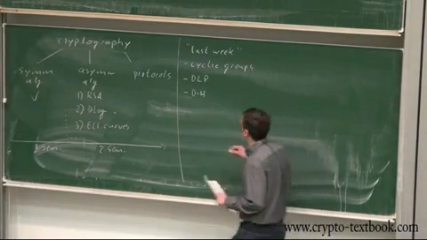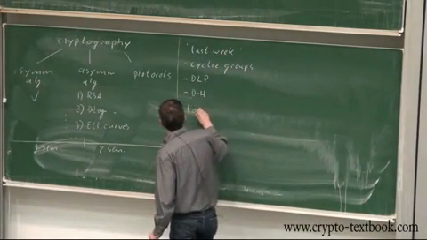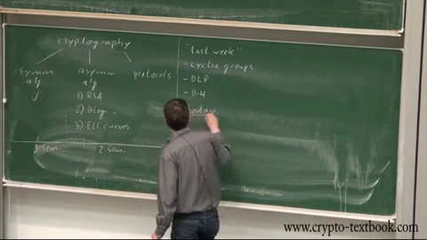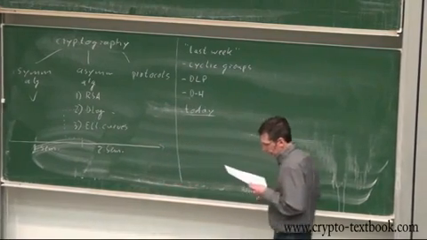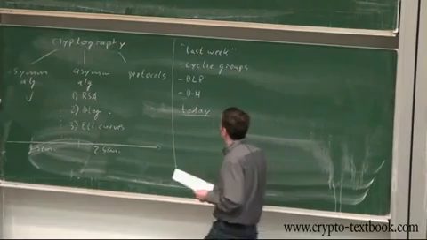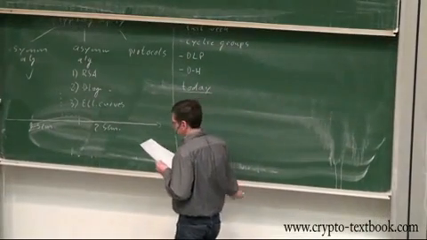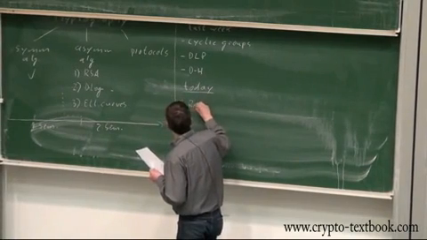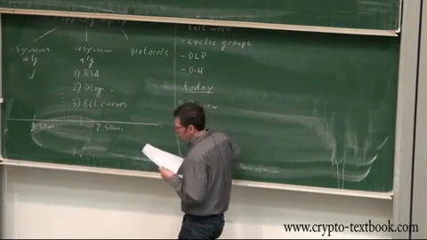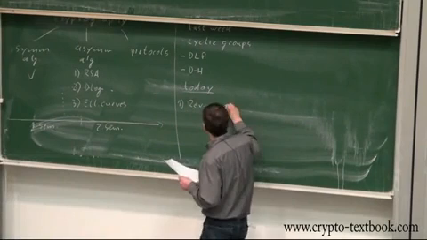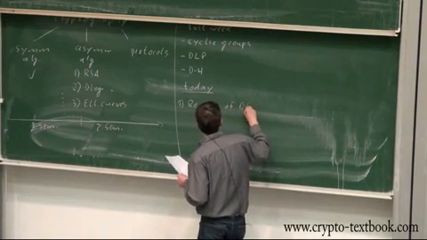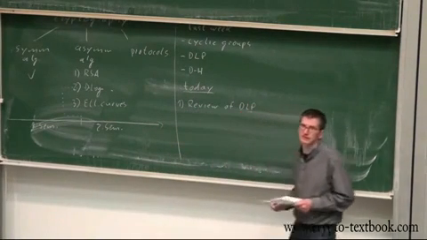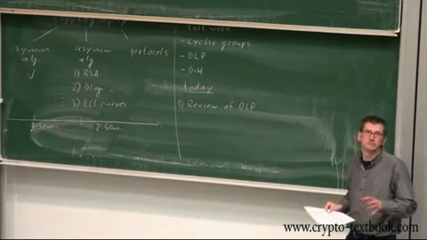Okay? So today we have actually 1, 2, 3, 4 proper chapters. First, I want to review what we did last time. In particular, I want to look at the discrete logarithm problem again.